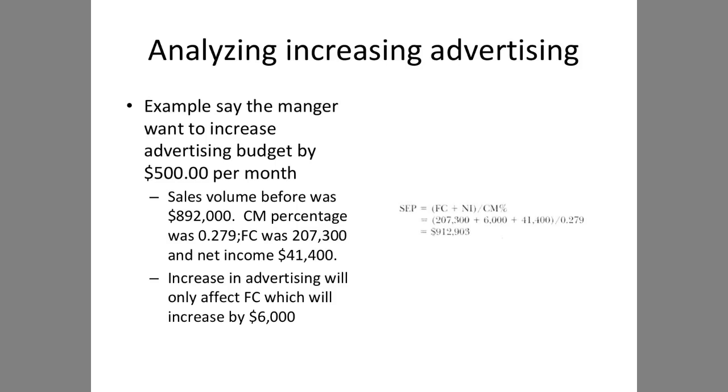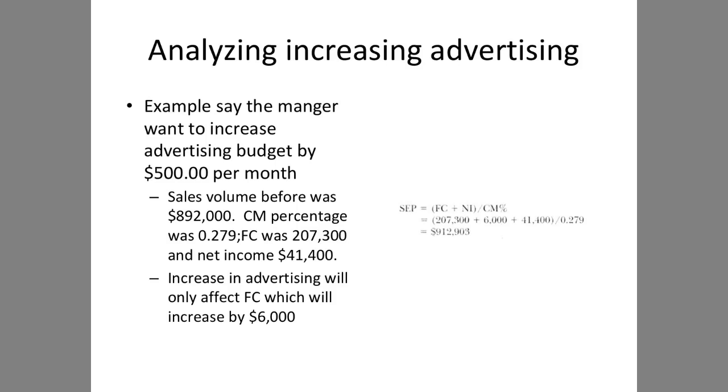So, for example, say you want to do a program with a doctor and you're going to increase your advertising budget for your program by $500 per month. Your sales volume before was $892,000. Your contribution margin percentage was 0.279.